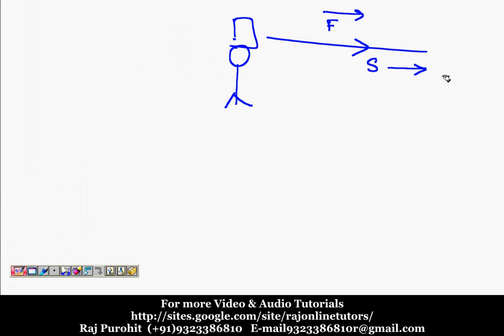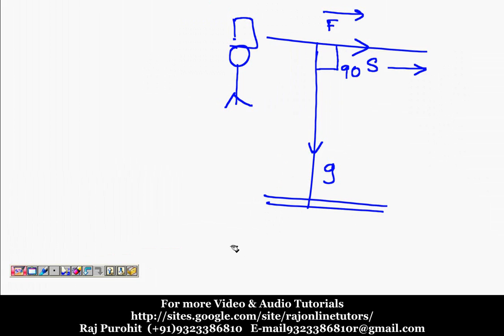So the work done by applied force is positive in this case, but gravity, where is gravity acting? Downwards. Where is displacement? Horizontal. What is the angle between these two? 90 degrees. So work done by gravitational force in this case will be zero. Is that clear?